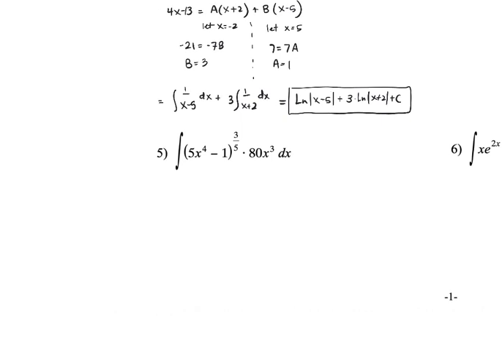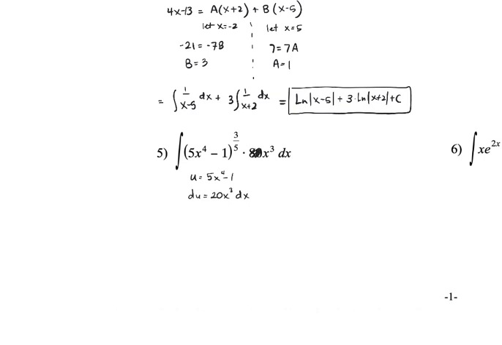Okay, for question 5, we have another situation where there's a function inside of another function that's the power. So it's likely that we can also do the general power rule on this problem. If we let u equal 5x to the 4th minus 1, then du is 20x to the 3rd dx. So we have the x to the 3rd dx, but it's supposed to be a 20 where that 80 is.